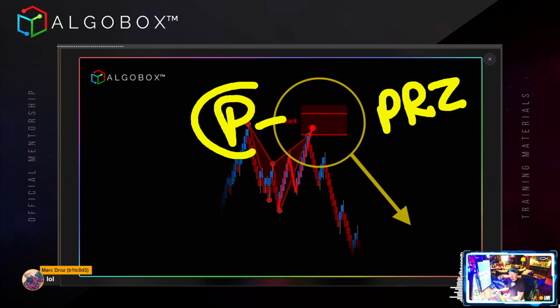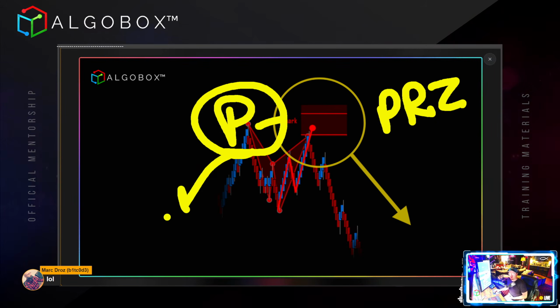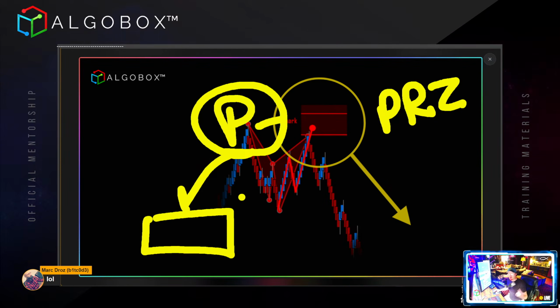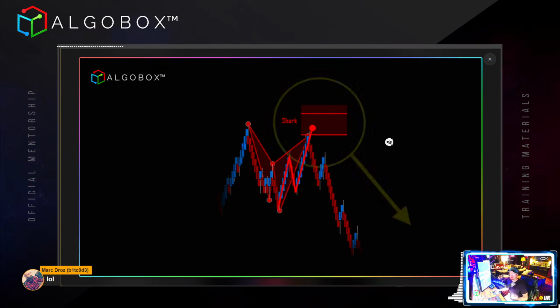What does the P stand for? Predicted. I'm going to show it to you ahead of time. This is the yellow box. If it's yellow, that means get ready. This is where one will potentially show up if we get to that area, which I can use for a target or get ready to potentially look for a layup to set up in that area. And that is the PRZ in the AlgoBox harmonic system.